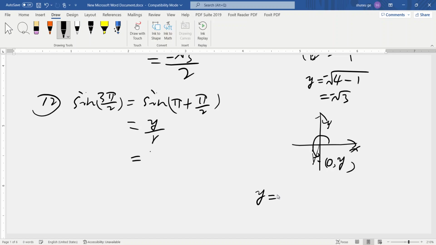We can write y equal to negative r. So r over r, but this part is negative. So negative 1.